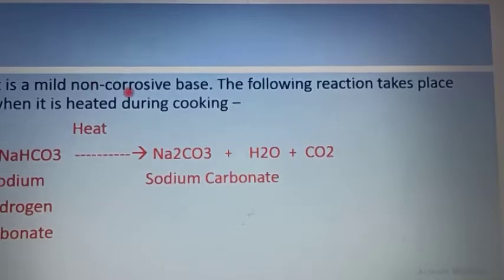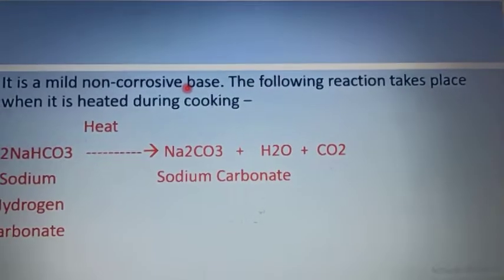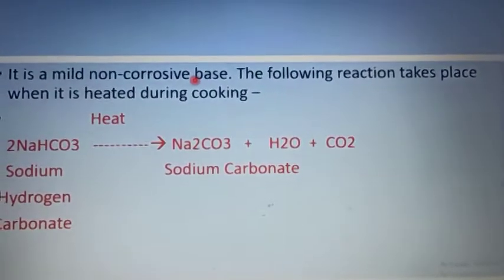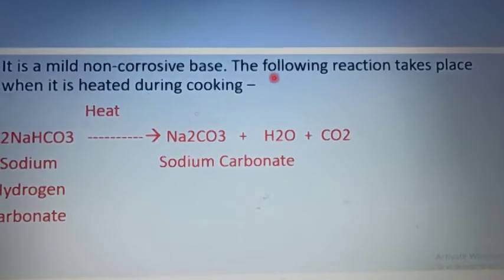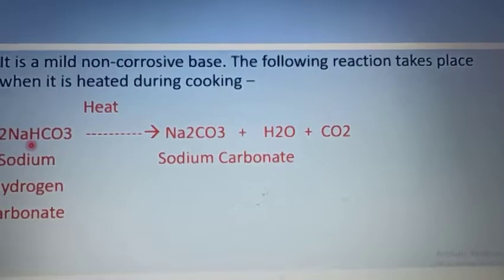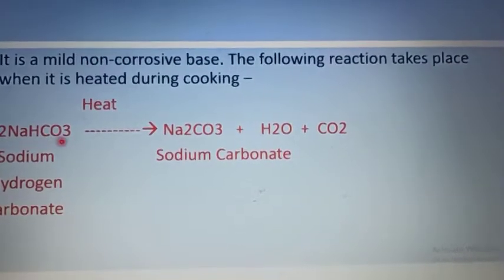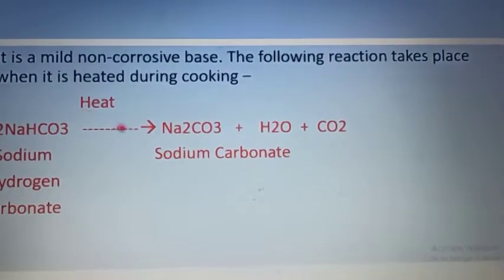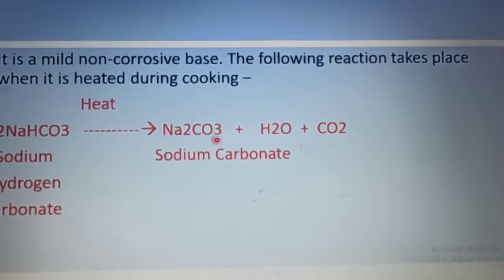It is a mild non-corrosive base. You know that it is not a strong base. You can touch it. And the reaction which takes place during cooking is NaHCO3, that is sodium hydrogen carbonate, when heated, forms sodium carbonate, water and carbon dioxide.